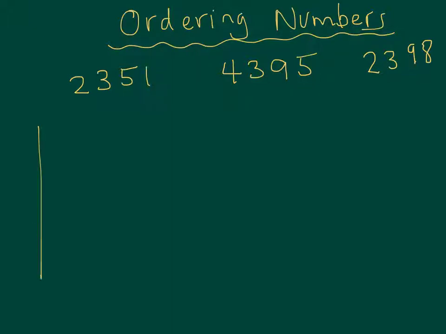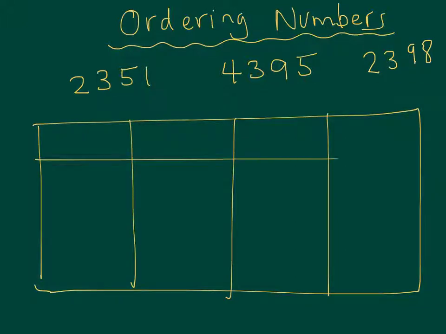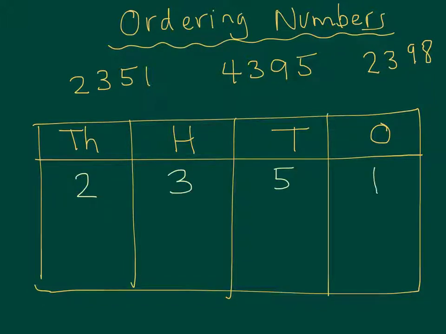We're going to make a place value chart. So now we need 4 columns, of course, because we have 4-digit numbers. So I'm going to go O for ones, T for tens, H for hundreds, and TH for thousands. Okay? Here we go. The first number here is 2,351.